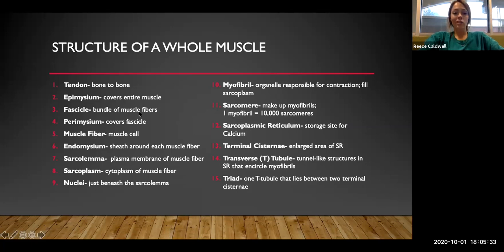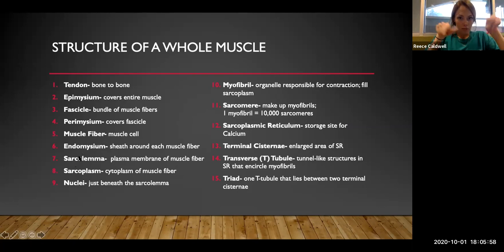And just like regular cells, muscle fibers or muscle cells also have organelles. Like how we have the mitochondria, how we have the Golgi apparatus, all of those, so do muscle cells. They just have different weird names. So for example, we have the plasma membrane of a regular cell. The plasma membrane of a muscle cell is called the sarcolemma.